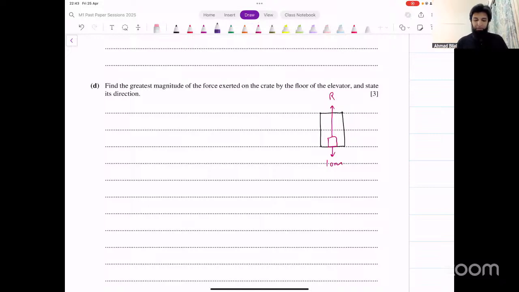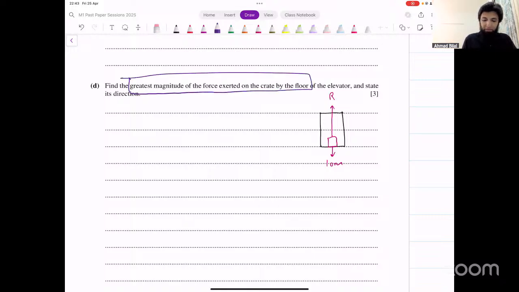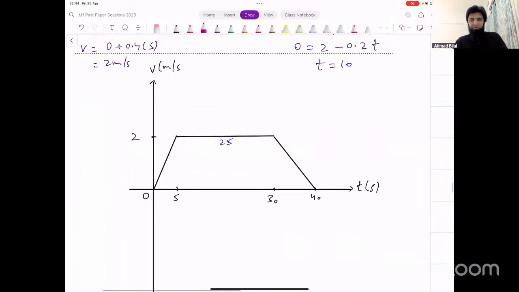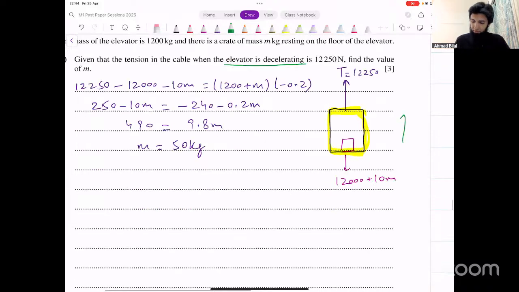All right. Now they're saying, find the greatest magnitude of the force exerted on the crate by the floor. What does that mean? There are three parts of this journey. In one part of this journey, the lift is accelerating. If the lift is accelerating, that means the force that is being applied in the upwards direction is greater than the force that's acting in the downward direction.